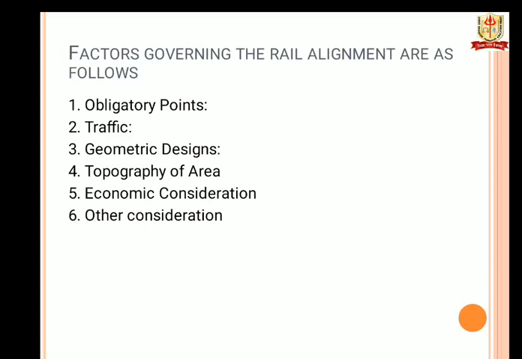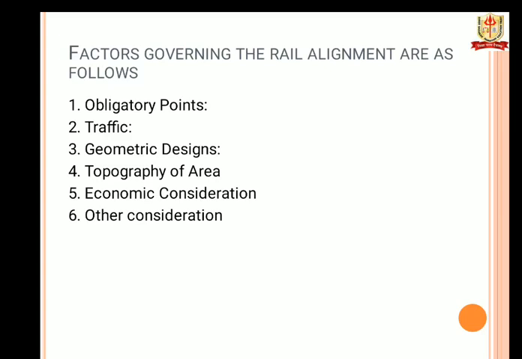Next is geometric design. To get the maximum benefits out of a railway alignment, the geometric design of the following elements should be made very carefully. First is gradient. Gradient should be considered. Gradient means difference in the elevations.